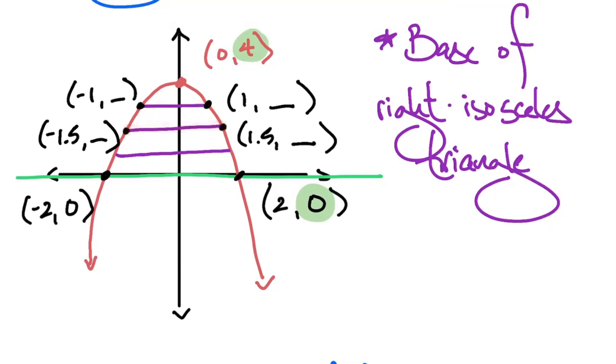Okay. Let's say this was 1.75. If I doubled it, I would get the whole base, right? And this length we said is 2. And if I double that, I'll get 4. Okay.